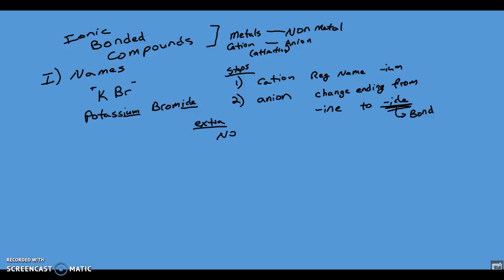Some extra stuff. We have no numbers. And if the subscripts or any numbers that we refer to, they come from the ion charge. What do I mean by that? So for something like Al2O3, this is a ratio of 2 aluminum per every 3 oxygen. The name would be simple.